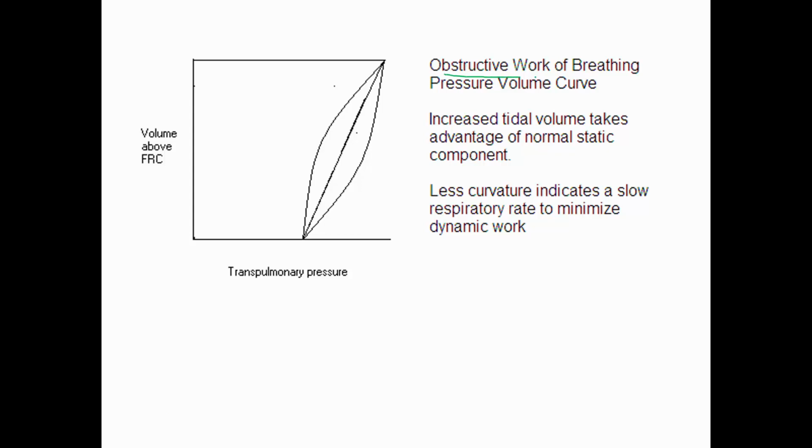Now, obstructive work of breathing. These folks are going to take bigger breaths. Why? Because they can expand. Now, it's not easy to take a bigger breath because it's hard for these folks to exhale. So there's a little caveat here.